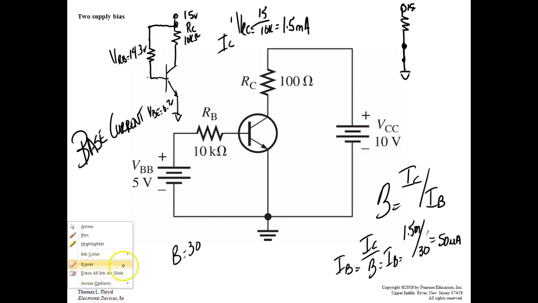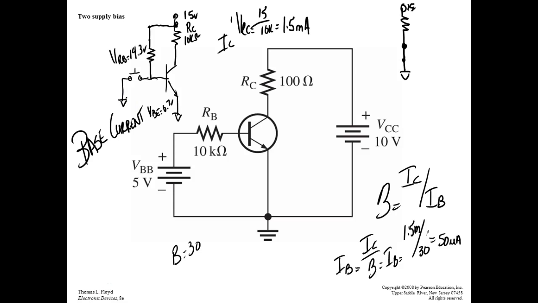I would take this side and hook it to common. So when I press the button, the transistor would cut off.